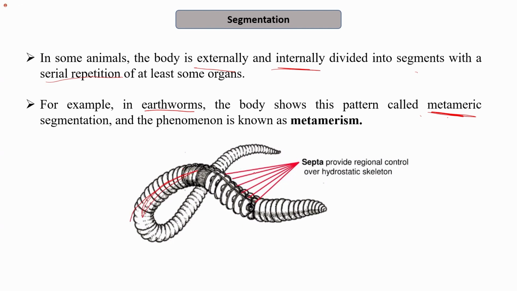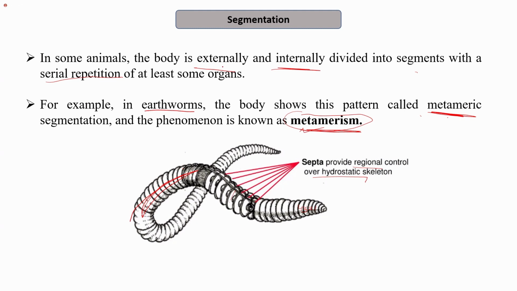These segments can be numbered, and this phenomenon is known as metamerism. The separations are the septa, and the septa provide regional control over the hydrostatic skeleton. This is the property of the earthworm, but in general metamerism is segmentation.